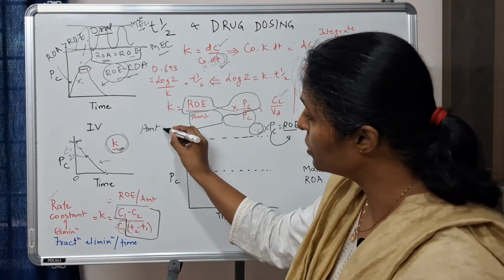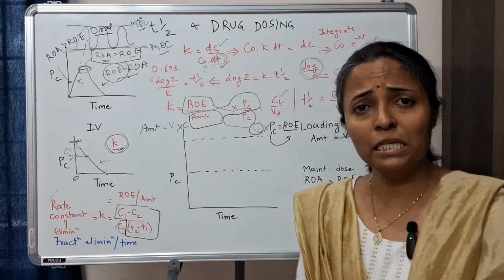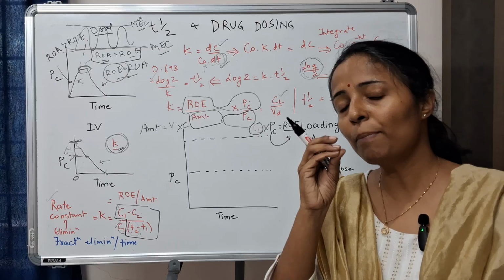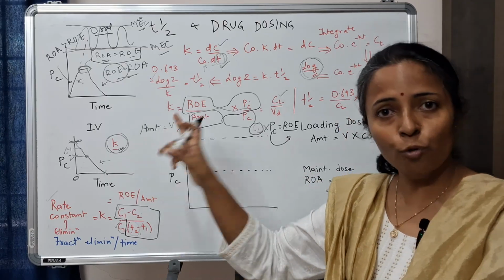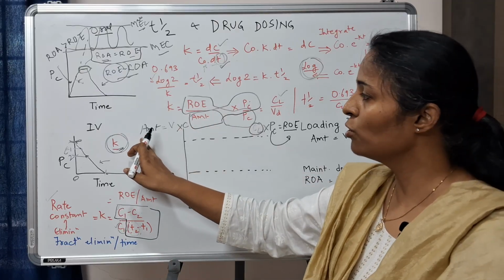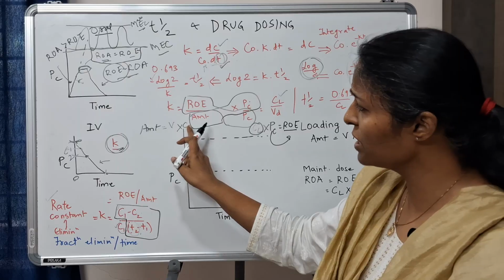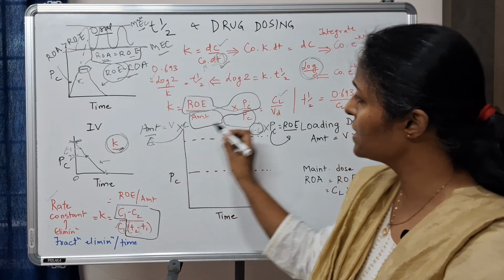So this amount is equal to volume into concentration. That means after distribution there will be a plasma concentration which will be reached. So this amount is equal to the volume in which the whole drug is present, multiplied by the concentration, and it will give you the total amount, right? So this C is the concentration. If I bring it down, amount divided by C is what?